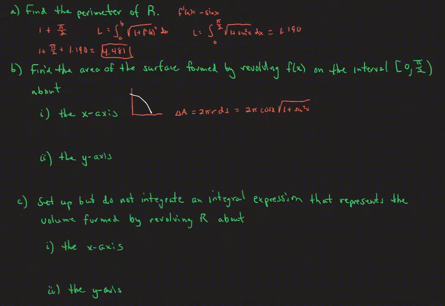We will then get the area will be 2 pi, and we'll do that integral going from 0 to pi over 2, and that's going to look like cosine x times the square root of 1 plus sine squared x dx. I should have put maybe a delta x in there.